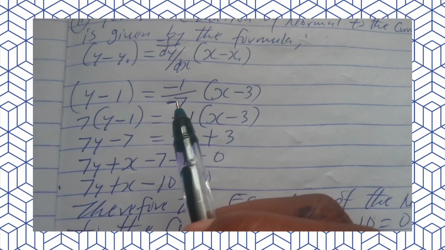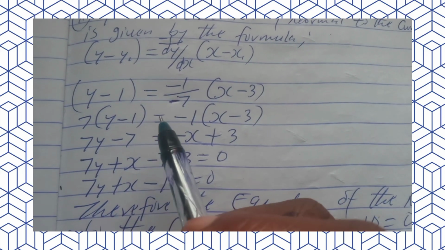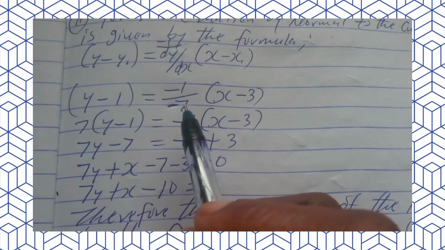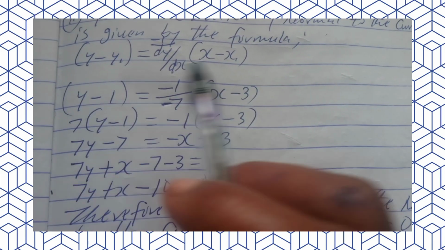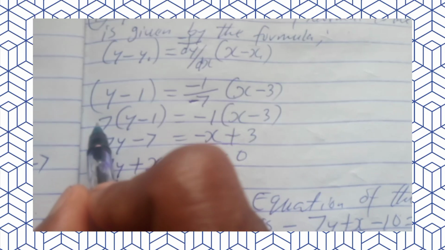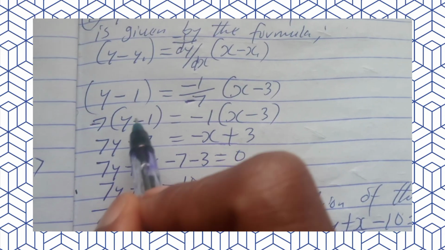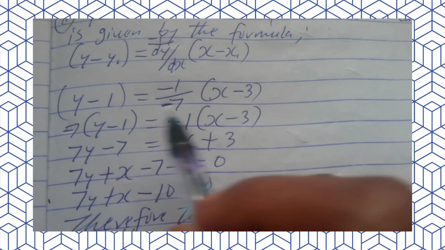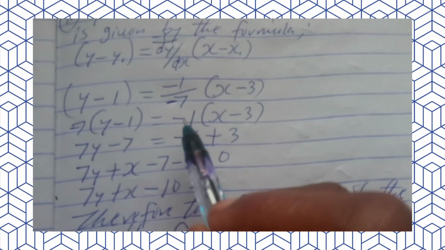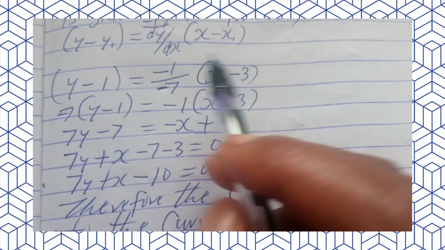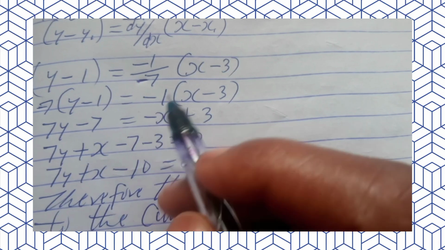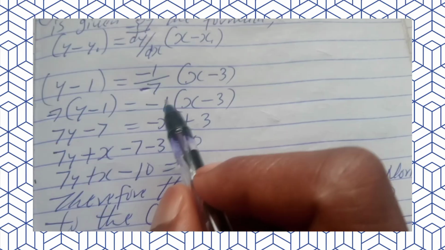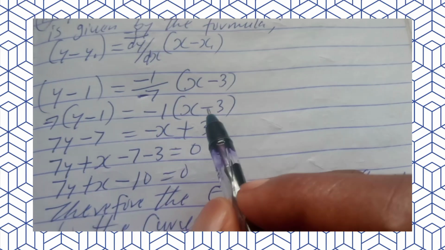So in this case, we cross multiply this minus 7, multiplying both the left hand side and the right hand side. So we are left with minus 7 times y minus 1 on our left hand side equals, on our right hand side, minus 7 and minus 7 cancel out. We are left with minus 1 times x minus 3.